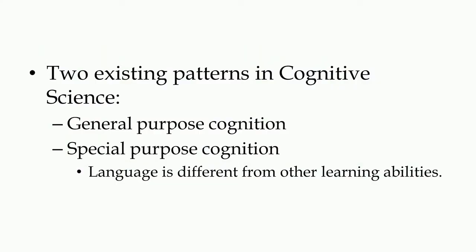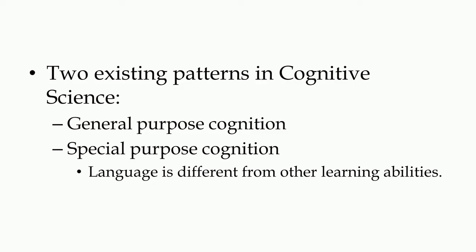So, what we see is that there are two existing patterns. One is called general purpose cognition and the other is called special purpose cognition.